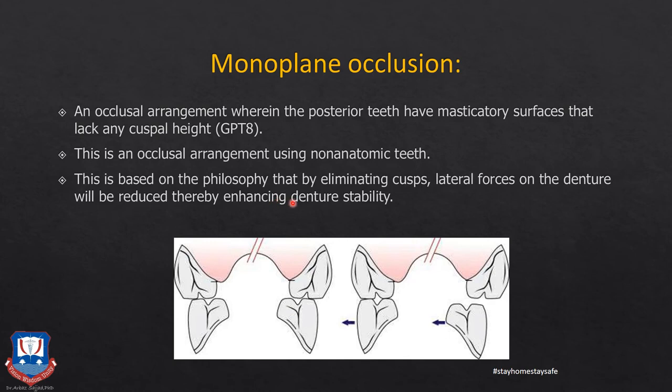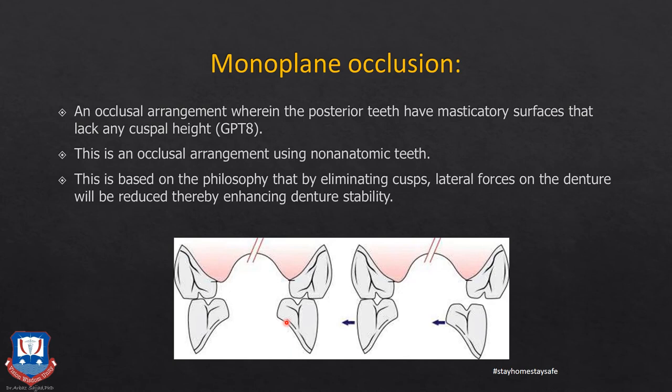This is based on the philosophy that by eliminating the cuspal incline, the lateral forces on the denture will be reduced, thereby enhancing the stability of the denture, especially in poor or extremely resorbed residual alveolar ridges where you don't have any vertical walls of the ridge to prevent the lateral movement of the dentures to begin with.